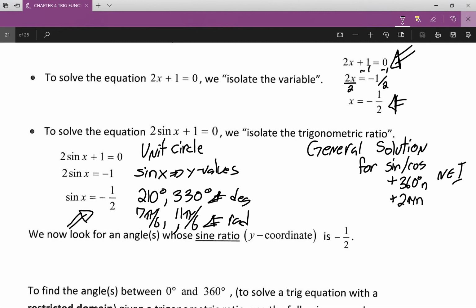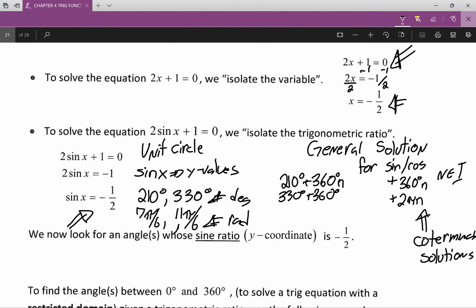By saying 360 degrees n, what we're effectively saying is every solution, since we have coterminal angles, I can rotate again and again and again. So all we're doing is giving all the coterminal solutions. If I wanted the general solution for this answer, 210 would become 210 degrees plus 360 degrees n, and 330 would become 330 degrees plus 360 degrees n.